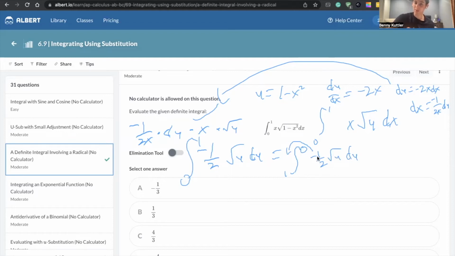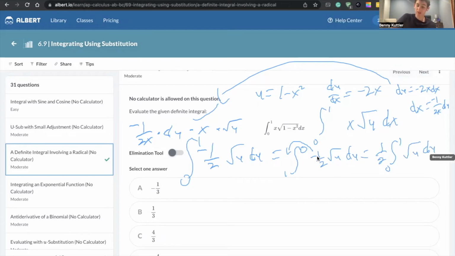But if we're taking it from the higher bound to the lower bound, it's going to be negative. And our coefficient is negative, so these can cancel out if we change it to 1/2 instead of negative 1/2 and change the boundaries from 1 to 0 to 0 to 1. So we can rewrite this as 1/2 times the integral from 0 to 1, which is what we had originally, but notice we had to do something with a negative sign, times the square root of u du.